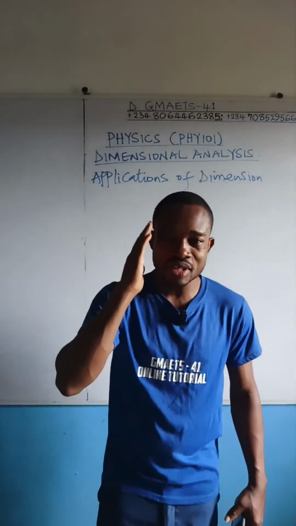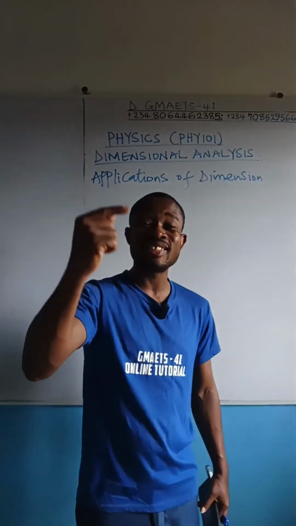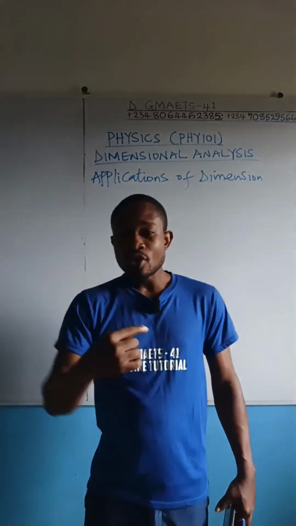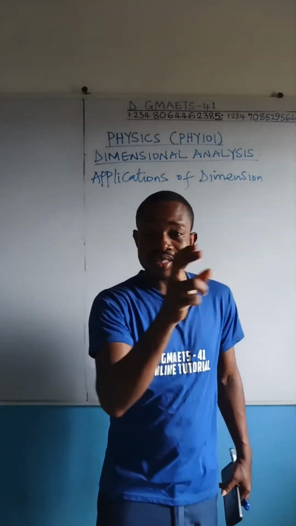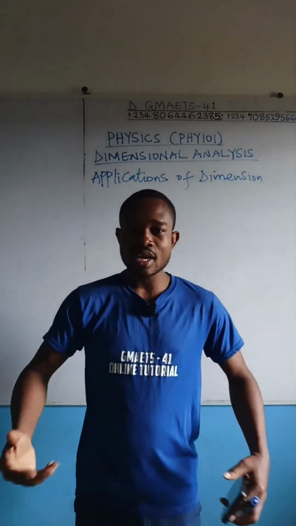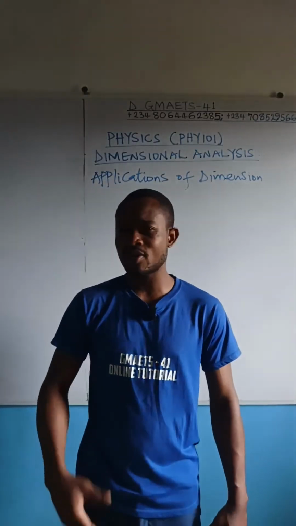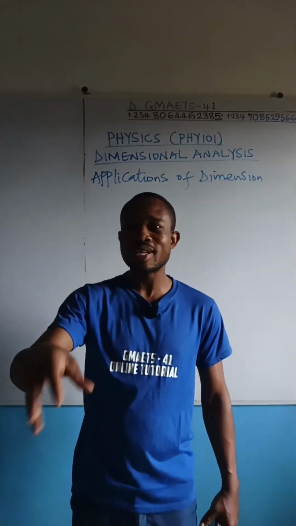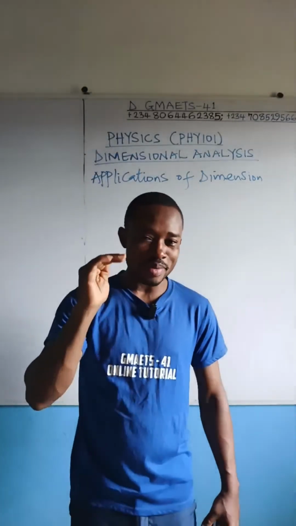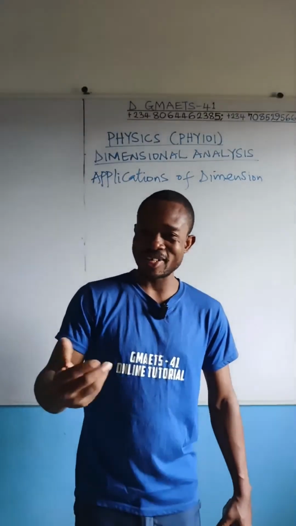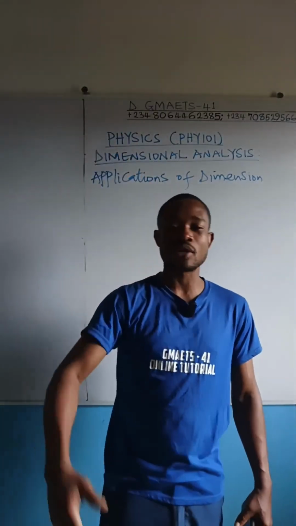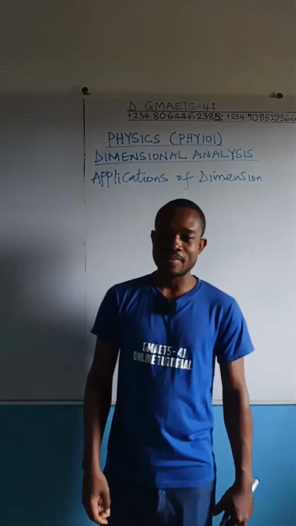When they are predicting the form in which a physical law can take, they apply knowledge of dimension to test the consistency of the law they are trying to predict. If it is consistent, fine, they start establishing it. If it doesn't work, dimensional analysis will help them know that the law they are trying to predict will not work. Although for this level, it might be beyond our scope because you're not yet at that position to start predicting and establishing certain physics laws.